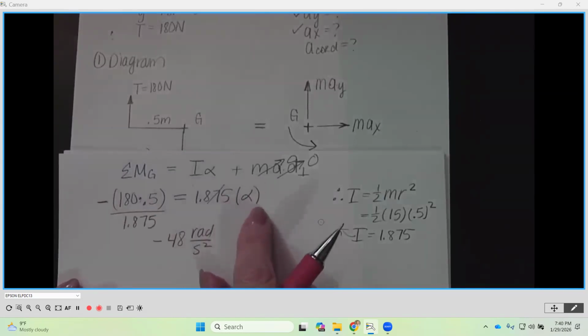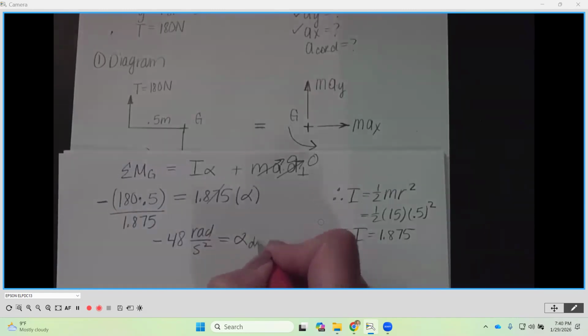Those are the units for angular acceleration, and that's something we learned back in kinematics. Okay. I do have a place on my equation sheet that I have units. So after we're done with this problem, I'll pull up my equation sheet, and then you can make sure that you have all the standard units for everything down. And this is one of them that's on there. So radians per second squared is going to be equal to our angular acceleration. And this is the disk. Okay, this is the disk.